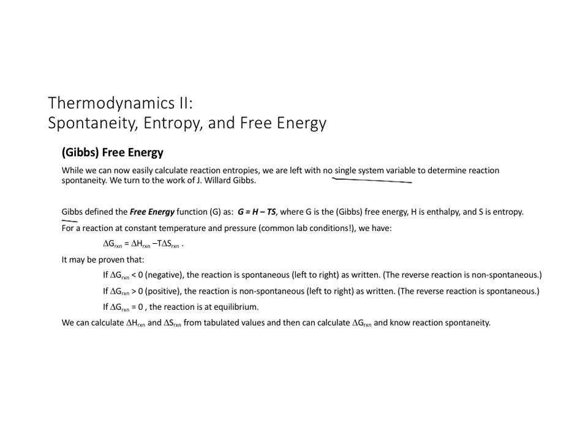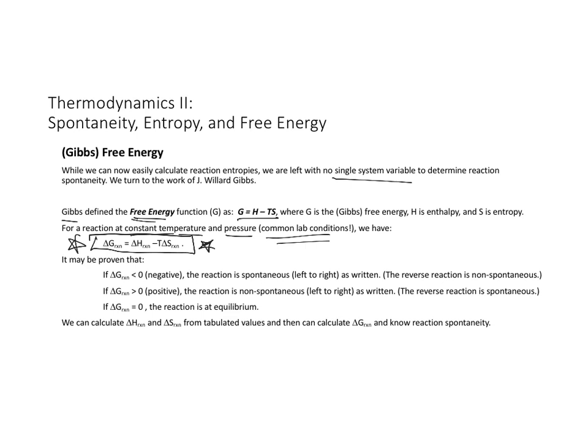Gibbs defined what he called the free energy function, G, as G equals H, enthalpy, minus TS, temperature and entropy. Now, for a reaction at constant temperature and constant pressure, which are our most common lab conditions, we have that delta G of reaction is equal to delta H minus T delta S. This is a very important result.